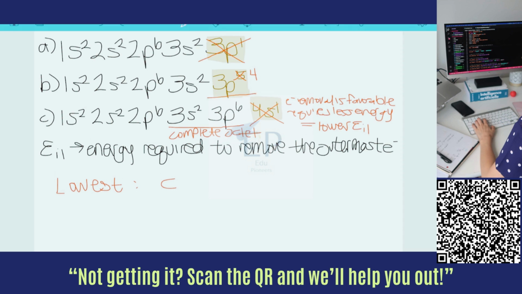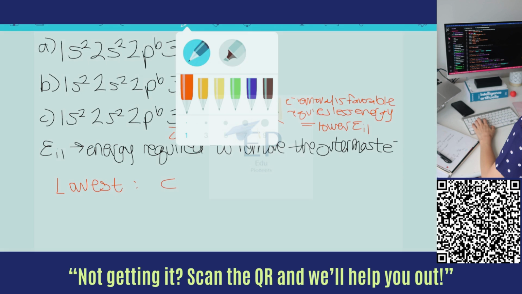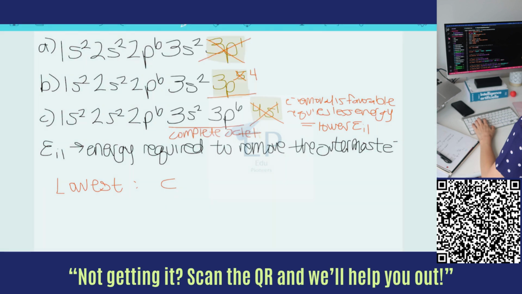In order to determine which of the following has the highest ionization energy, let's compare the unfavorability of the first two. In the first electron configuration in A, we are still left with a complete orbital, 3s2.